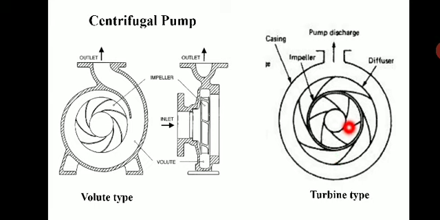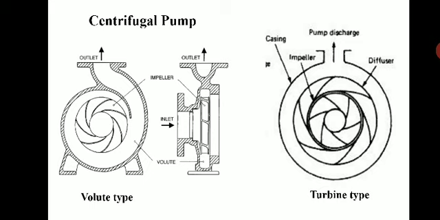The diffusion ring contains openings through which the water is led into the casing, and this type of pump is less popular than the volute type. So this shows the turbine type of centrifugal pump. The volute type or turbine type of pumps work on this principle.